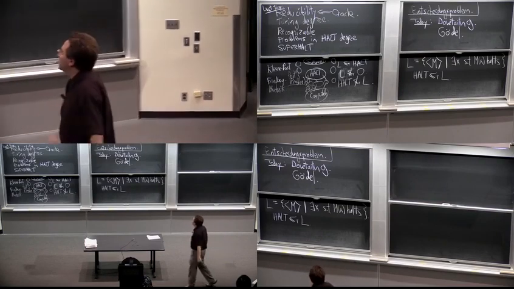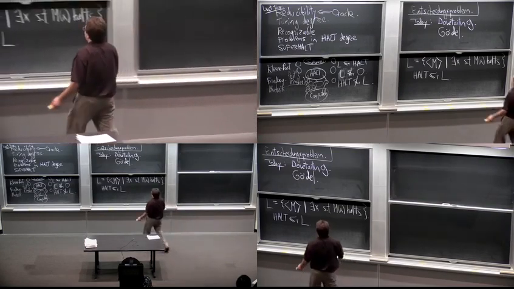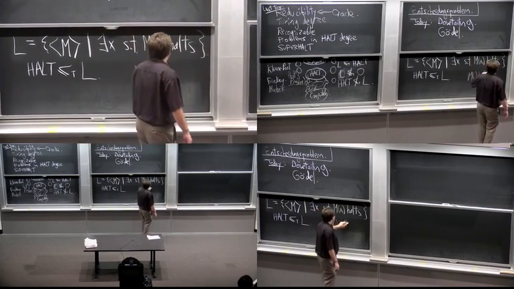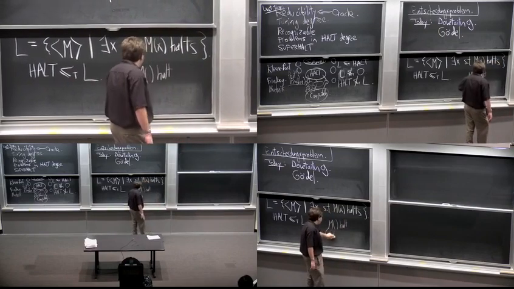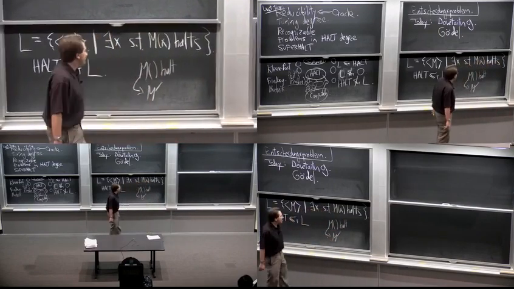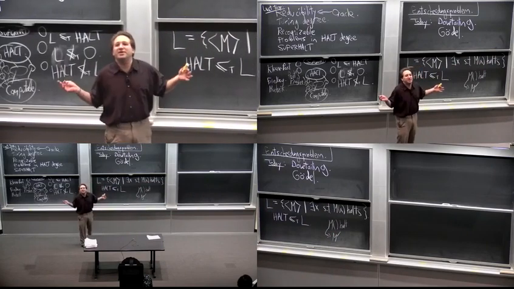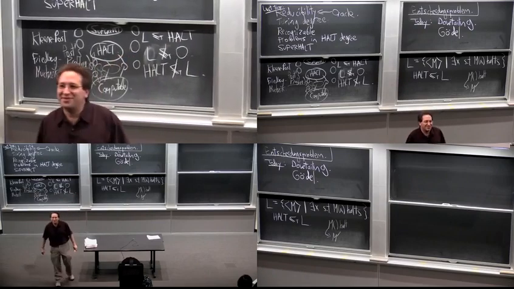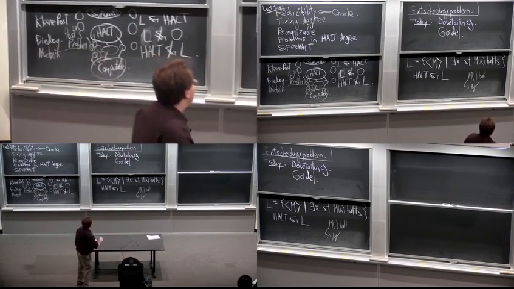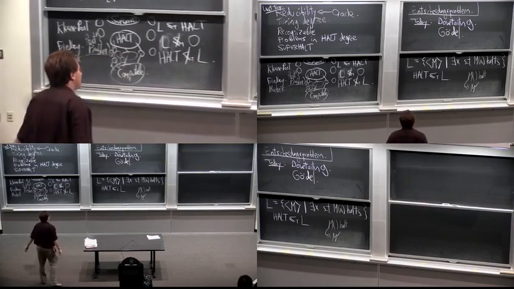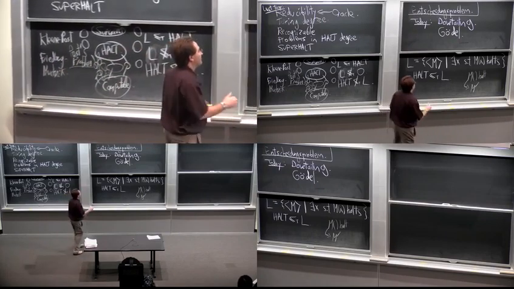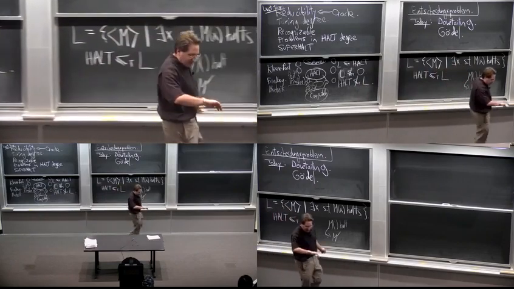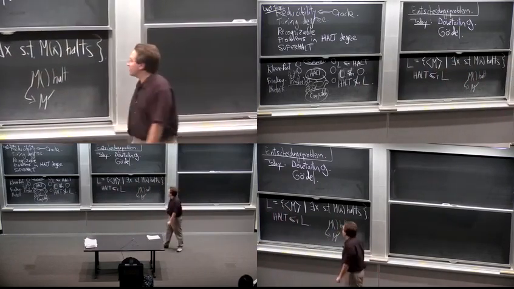Given a Turing machine M for which you want to know whether it halts on a blank input, just modify it to get a new Turing machine, say M prime, that when you run it, just deletes its input, wipes the board clean, and then starts running M, doing whatever M would do from that point forward. All right, easy.